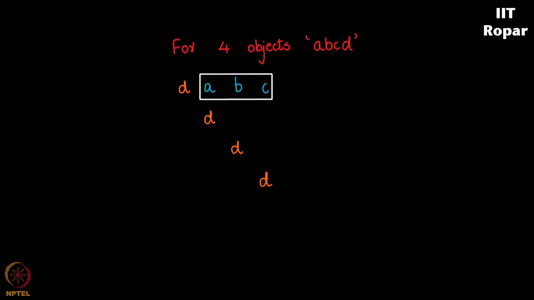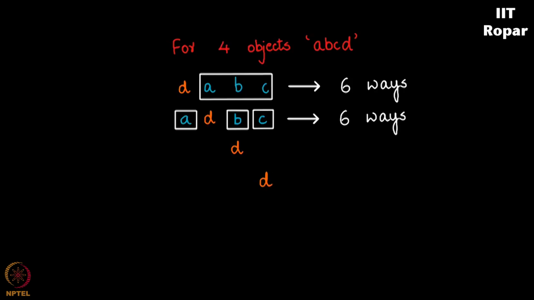Now you note, if we had four objects, let's say A, B, C and D, you take D in the first place, D in the second place, D in the third place and D in the fourth place, and in the remaining three places A, B, C can appear in how many ways? Whatever was the answer for three objects, right? And here again you have one placeholder, and ABC is the possibilities for these placeholders, and this ABC can appear, as you can see, in 6 ways. 6 ways here, 6 ways here, and 6 ways here.